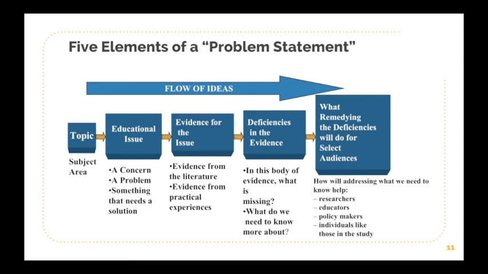What is the meaning? What do you know about it? And what remaining deficiencies will you address? Then select the audience. Number one is researchers, educators. Number two is educators. Number three, policy makers. And the last one, individuals. It must address steps 1, 2, 3, 4, and 5.